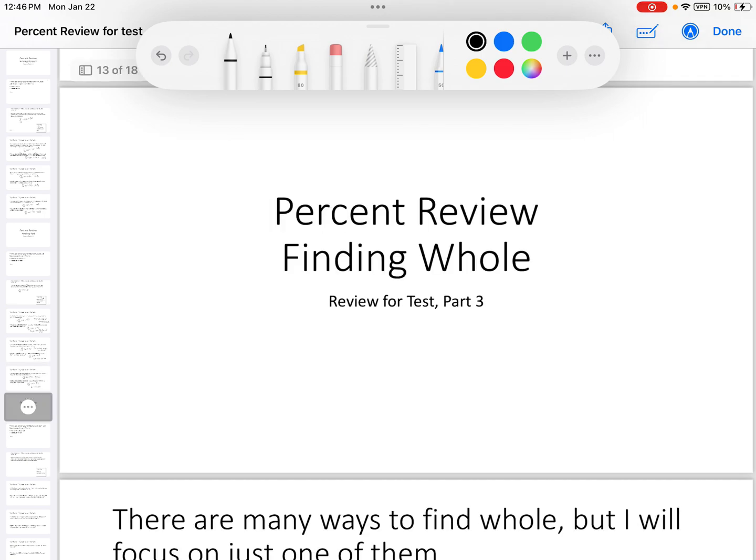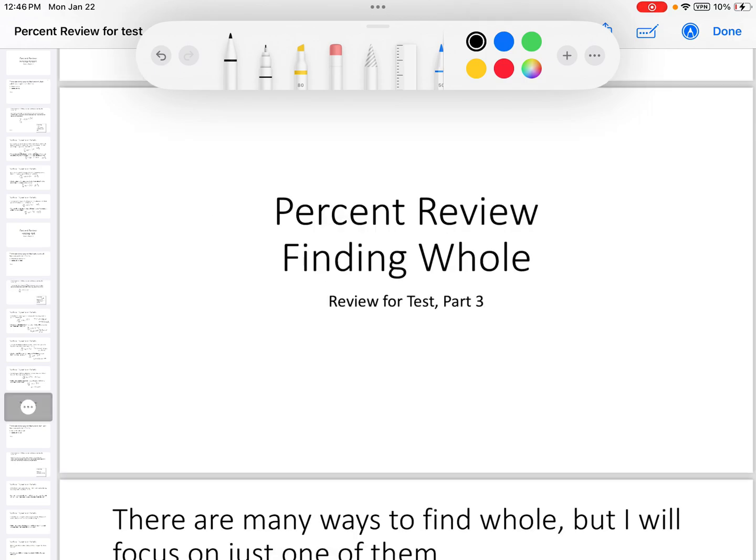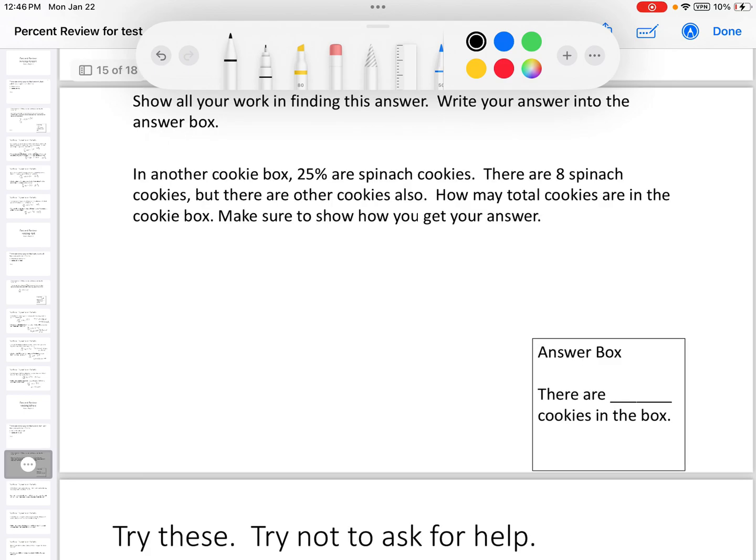Okay. Third type, finding whole. This is backwards. Before, we put the percent over 100. Since this is backwards, we're going to put the 100 on top of the percent and then multiply by the part. Here is an example. It's 25%, but we want the 8 is the part. So here is the whole cookie box.